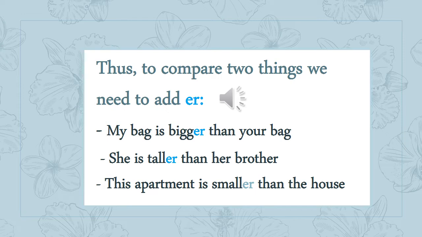She is taller than her brother. Here we added ER because we are comparing between two people, she and her brother. This apartment is smaller than the house. نفس الشي دا أقارن بين الأبارتمنت والhouse. Two things, so I used the comparative form of the adjective and I added ER to the adjective.